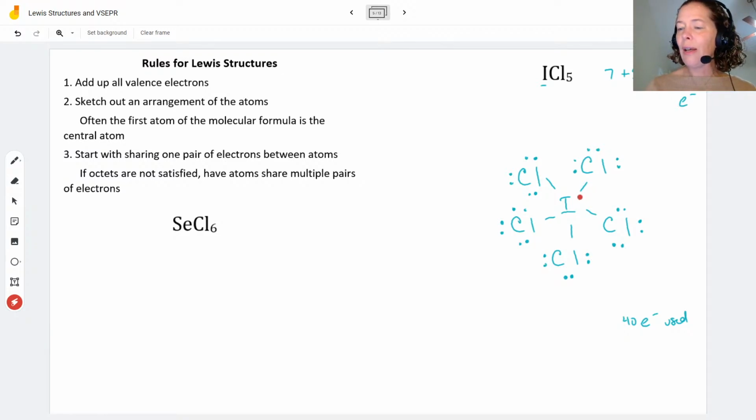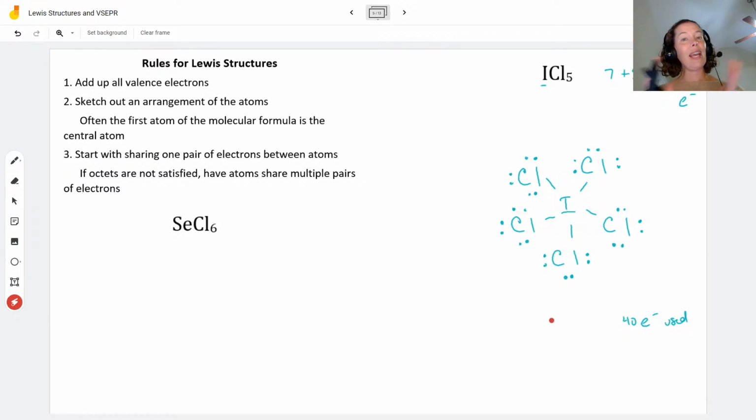But before I slap that pair on that iodine, let's just make sure that octets are satisfied. So again, I've got my halogens with my single bond and my 3 lone pairs. So 8 electrons, 8 electrons, 8 electrons, 8 electrons, 8 electrons. So octets are satisfied. Iodine already has 10, so it's already passed.